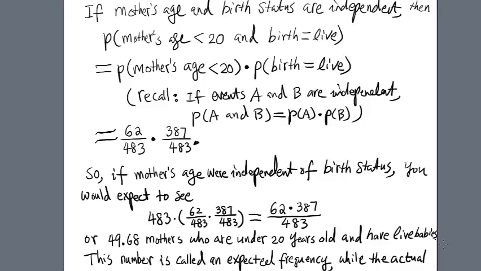If mother's age and birth status are independent, then the probability that mother's age is less than 20 and birth status is live is equal to the probability that mother's age is less than 20 times the probability that birth status is live.